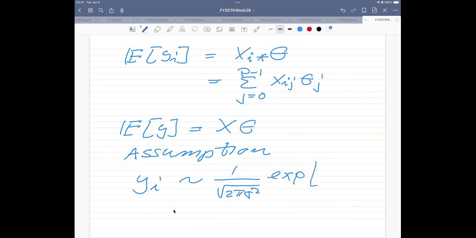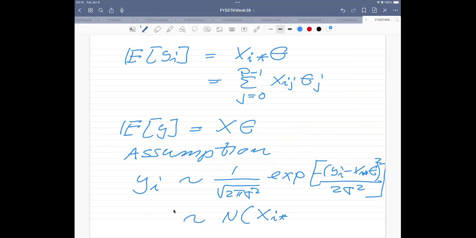In this specific case, we have y_i minus x_i theta, squared, divided by 2 sigma squared. So this is something which we would write as a normal distribution with x_i multiplied with the theta values, and then it has a variance, which we are going to come back to.